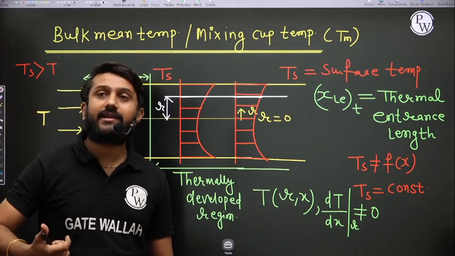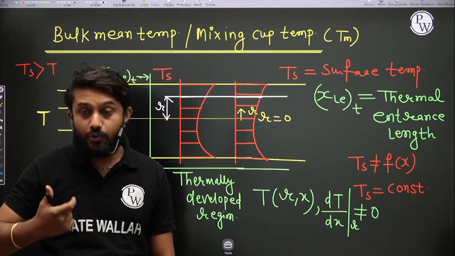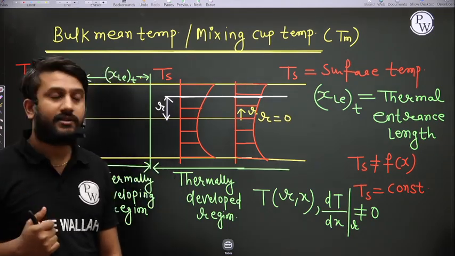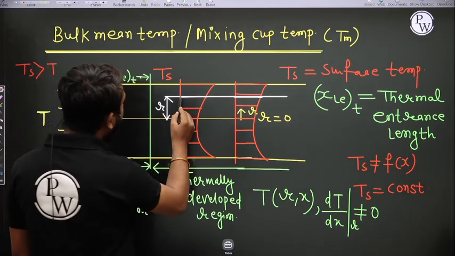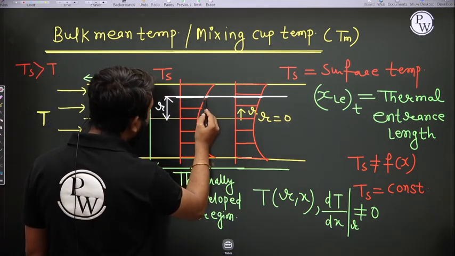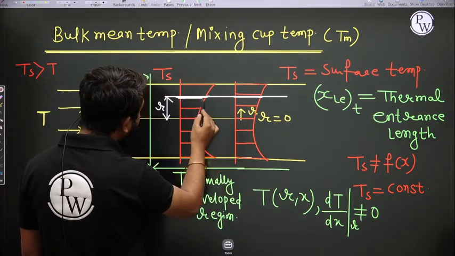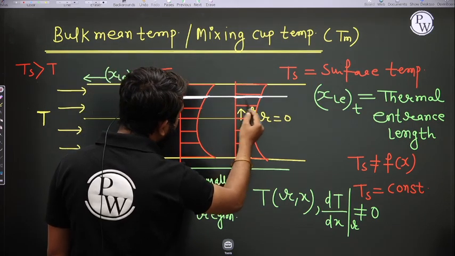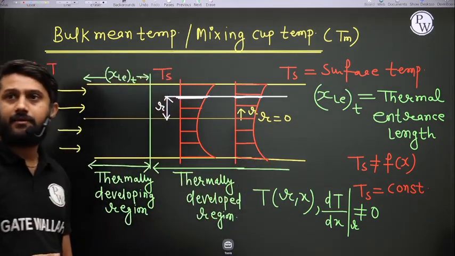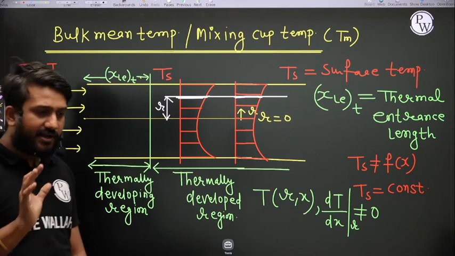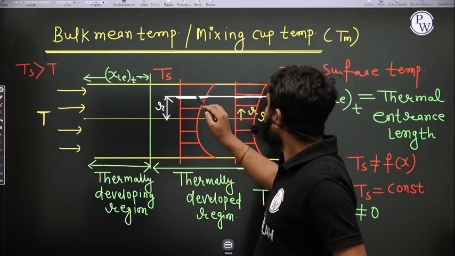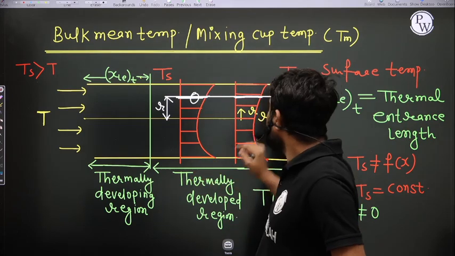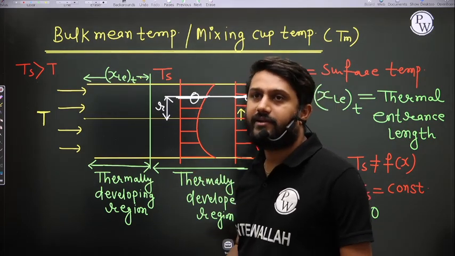Is it fine? So at this section and at this section, if you consider a particular layer, that layer does not have the same temperature. If you fix R, this layer has a different temperature, and this layer has a different temperature.